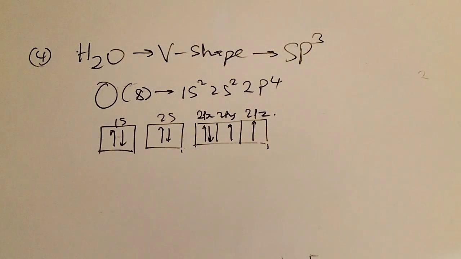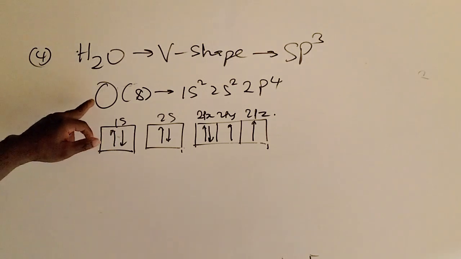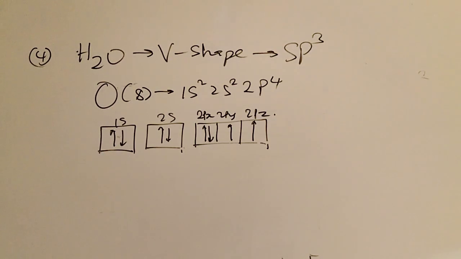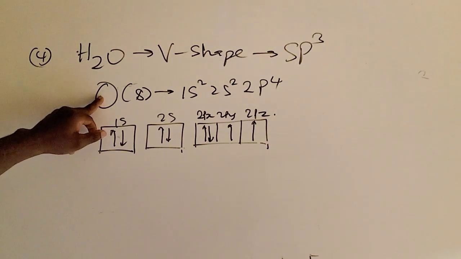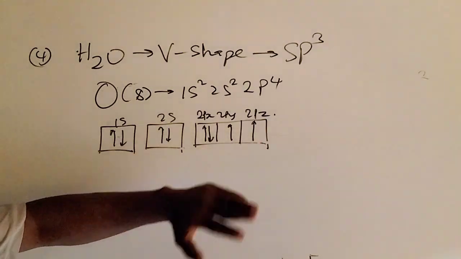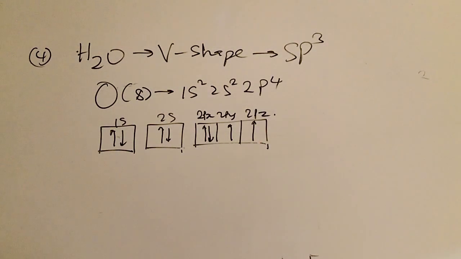Now, does oxygen undergo hybridization in the ground state, just like nitrogen did? Yes, because the valency of oxygen is normally 2, and there are 2 unpaired electrons already for bonding. So there's no promotion to any higher shell.